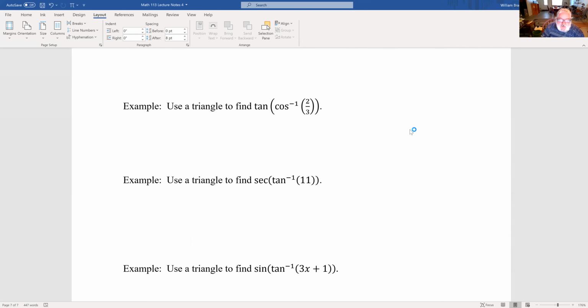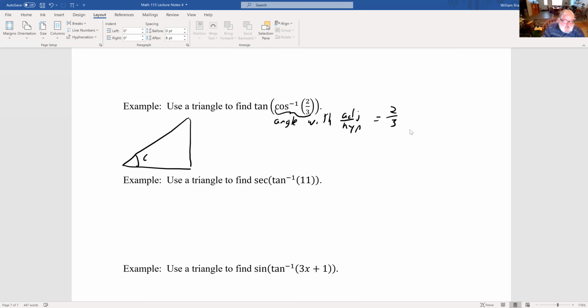What's a triangle to find tangent of cosine inverse of 2/3? This is an angle with, now what is cosine again? It's adjacent over hypotenuse equals 2/3. So we draw a triangle.